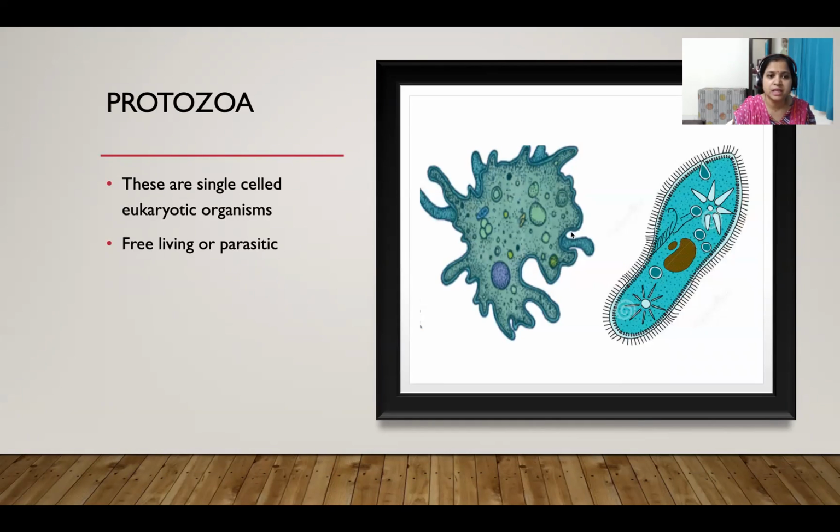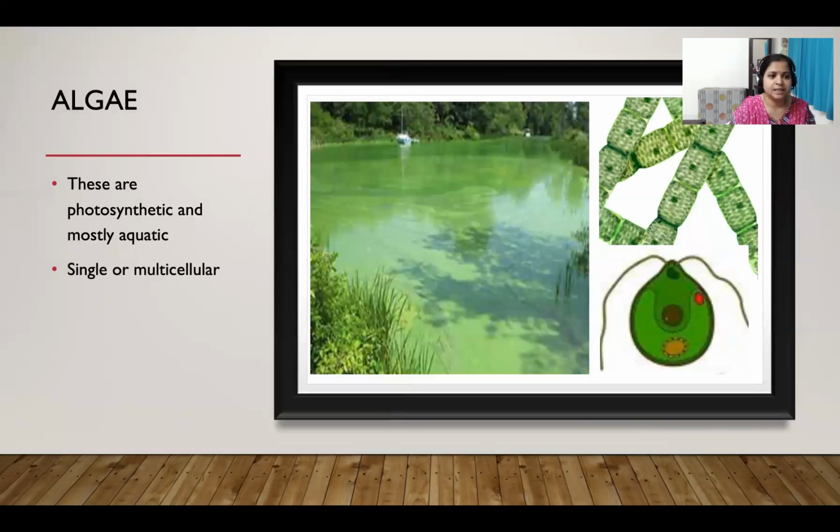Here you can see this is an amoeba, which is an example of a protozoan. This is another one, called paramecium. The shape of paramecium is just like your sandal, and these organisms also cause different kinds of diseases, for example dysentery and malaria.